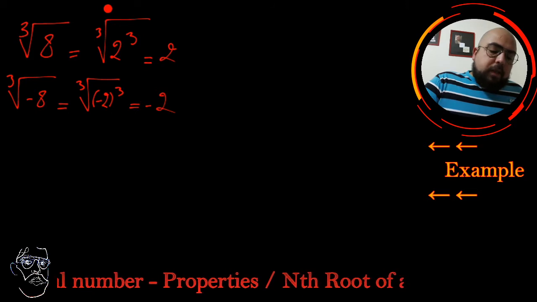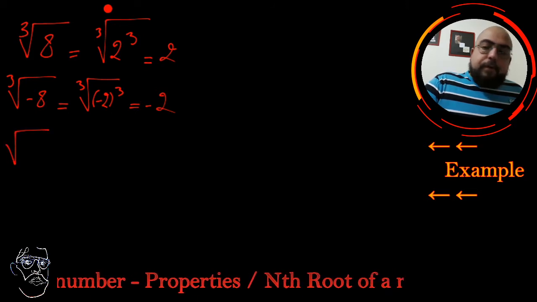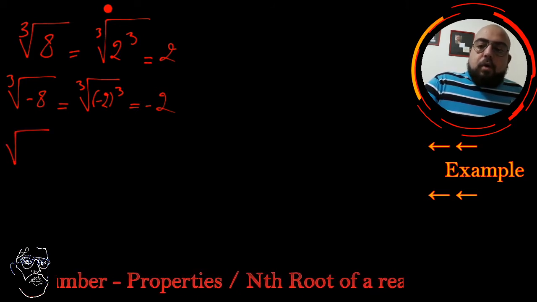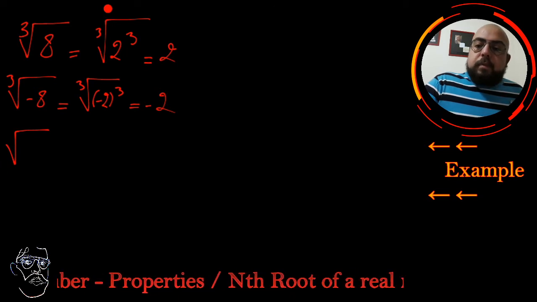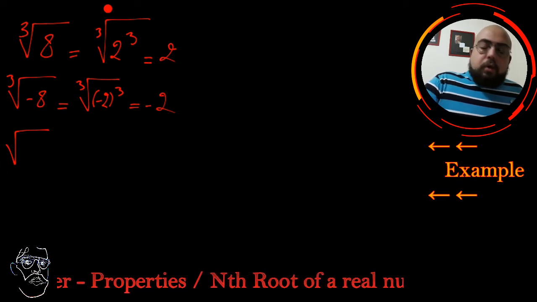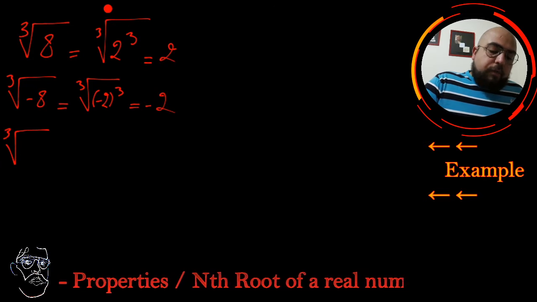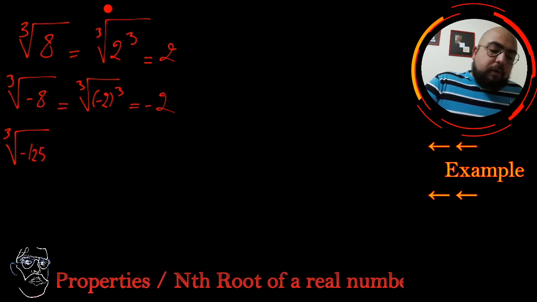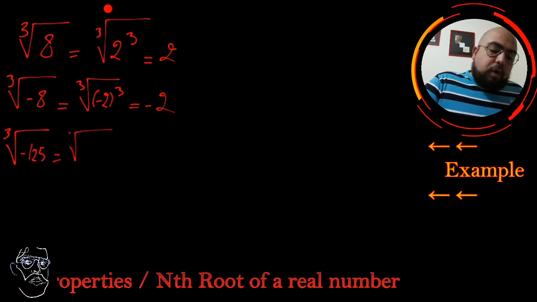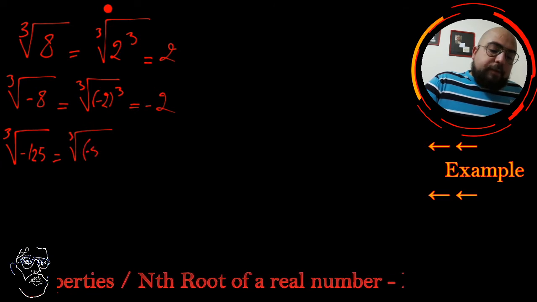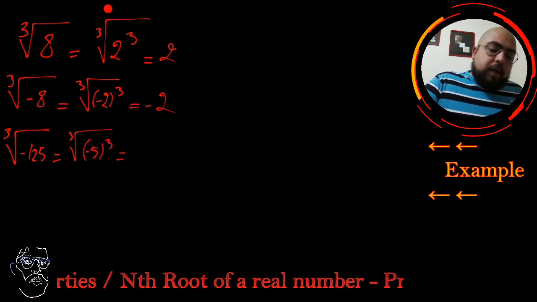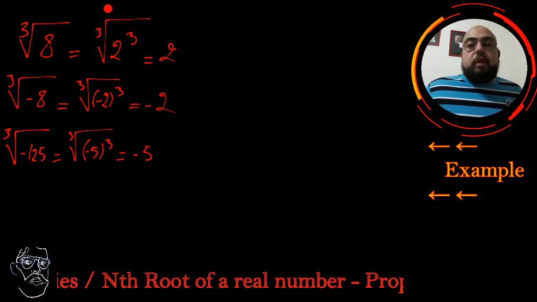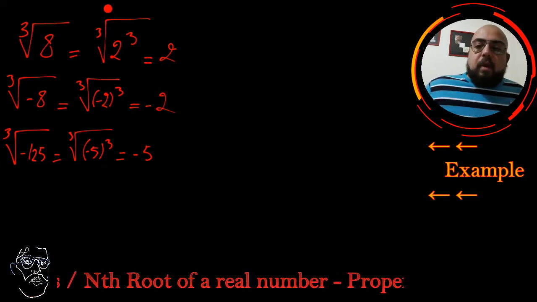What about, let's say, the cubic root of minus 125? It's the cubic root of minus 5 to the power of 3. The answer is minus 5, one unique root.